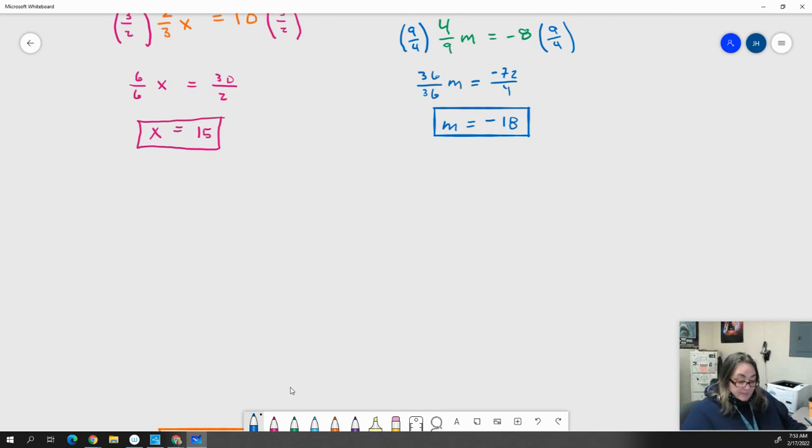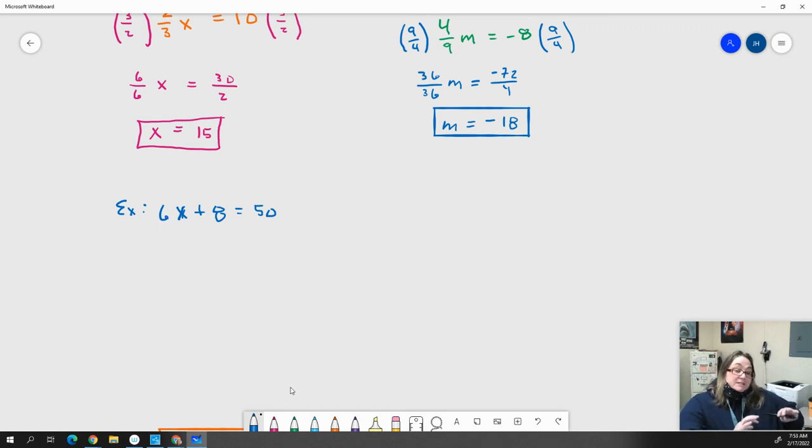Say I have, for example, 6x plus 8 equals 50. Notice that we have more than one thing being done to this x. Our x has this 6 that's being multiplied to it, and it has this 8 that's being added to it.